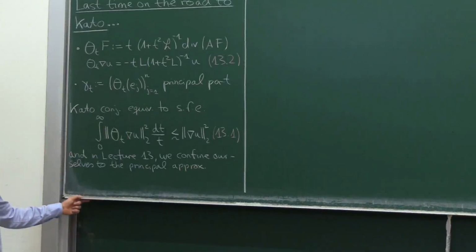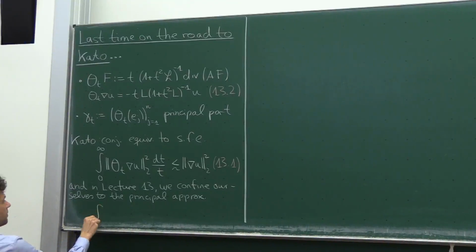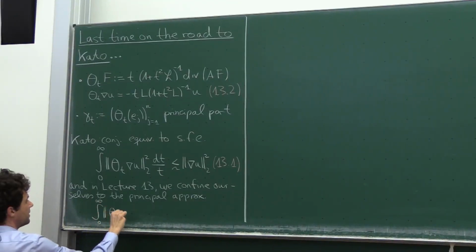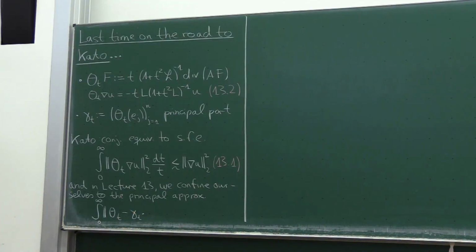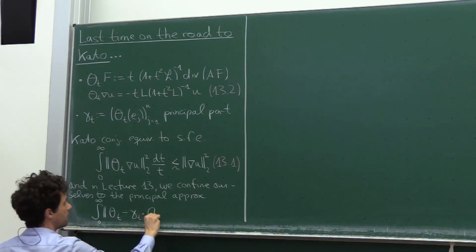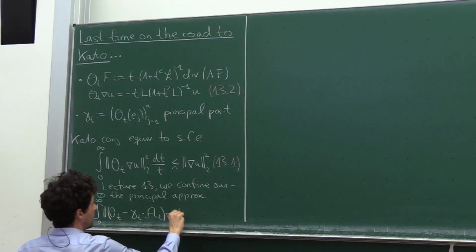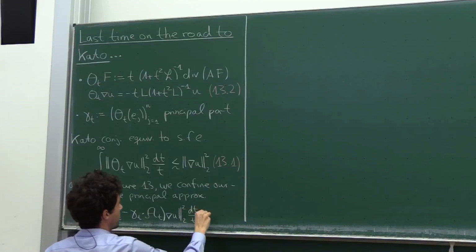Let me recall for you that principal part approximation means that we have a square function bound, but we take the theta and we subtract off a multiplication operator, which is precisely the principal part, acting on the dyadic averages at the same scale. And this object should give rise to a square function bound.